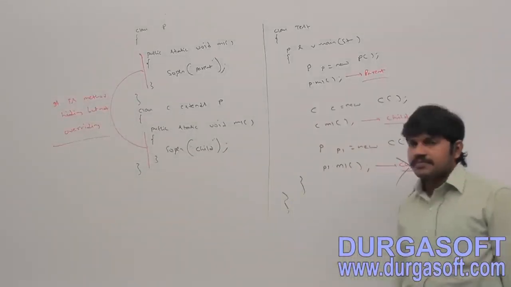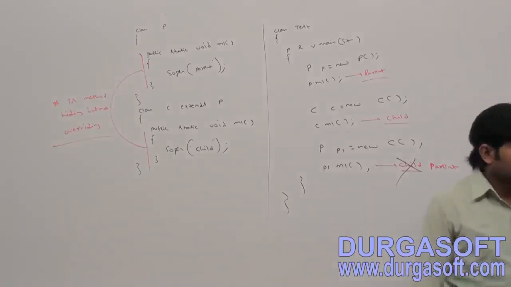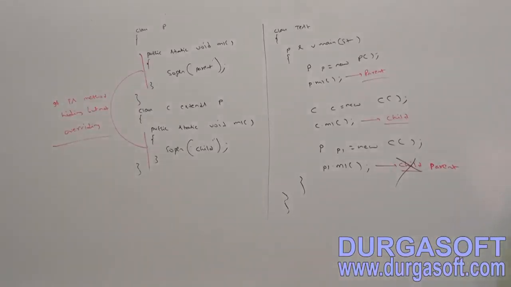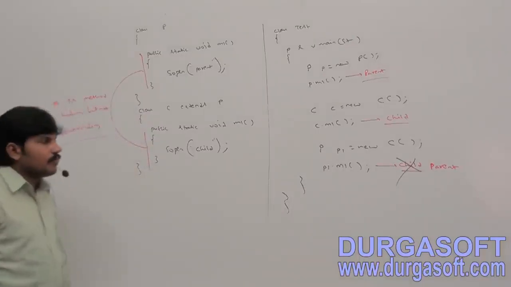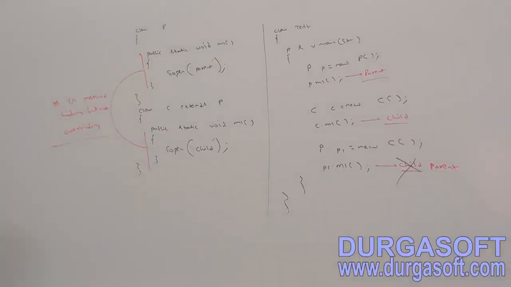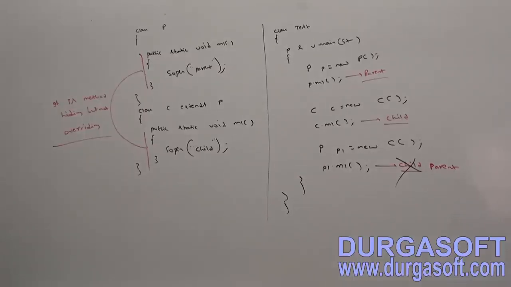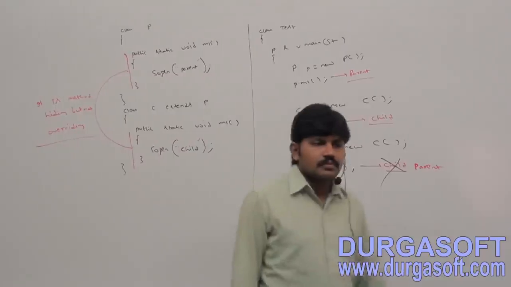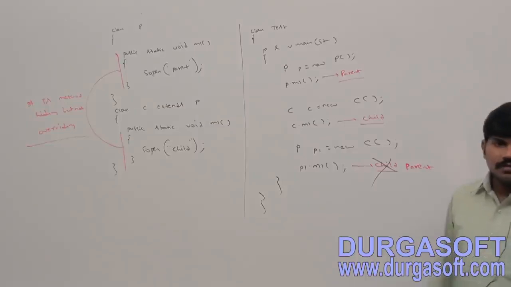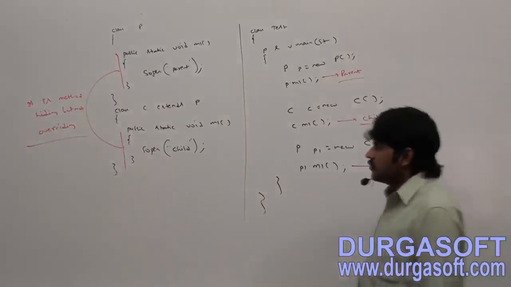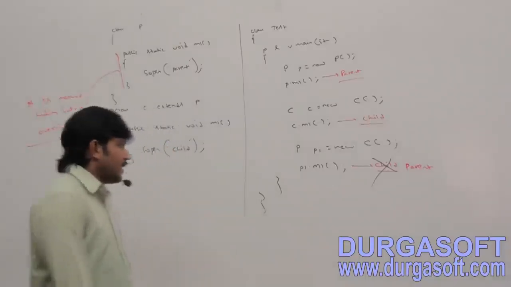The parent class method, child method, like parent. Completed, right?